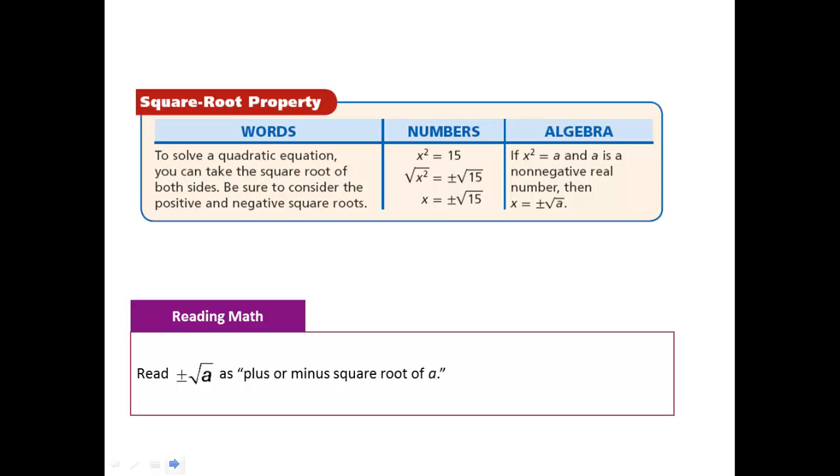If you square a negative number, you still get a positive number. So we have to consider both. That's why we have the plus or minus in front. And as we see here, that is read plus or minus the square root of a.